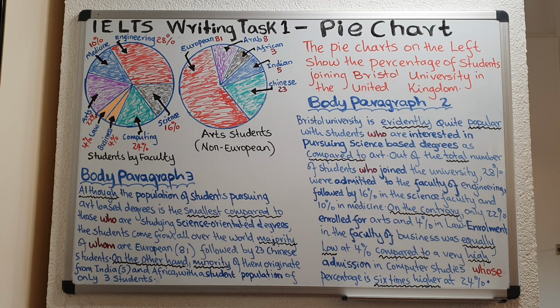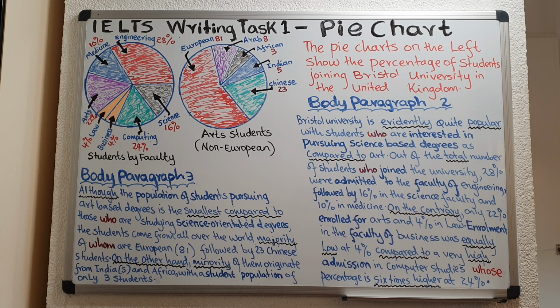We are going to compare and contrast the information that has been provided to us in the first pie chart. And in the third paragraph, we are going to write a paragraph based on the second pie chart.